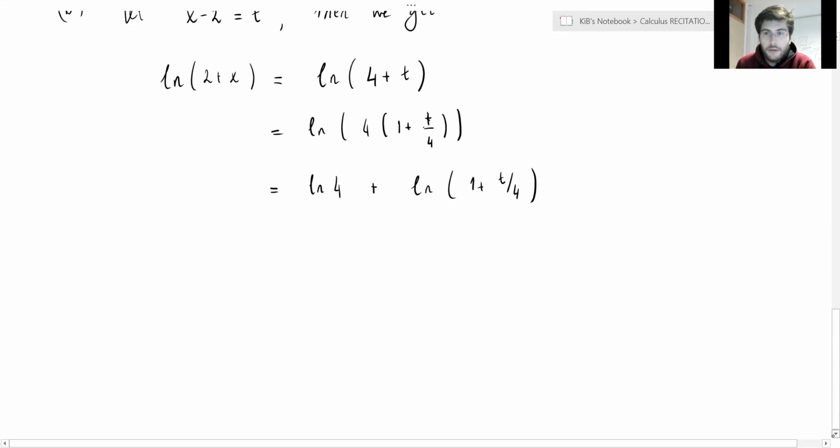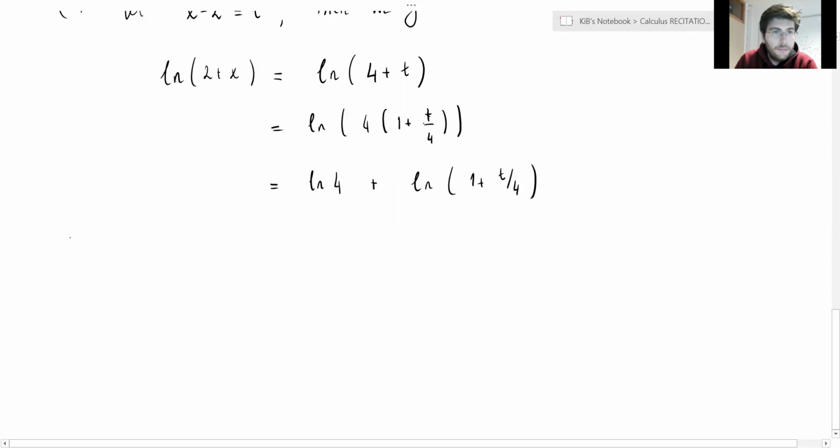We should recall our previous problem, question 2, part A. Recall that logarithm of 1 plus t.